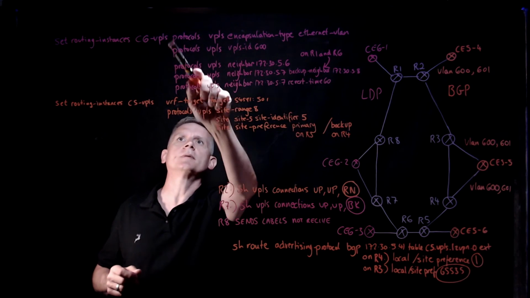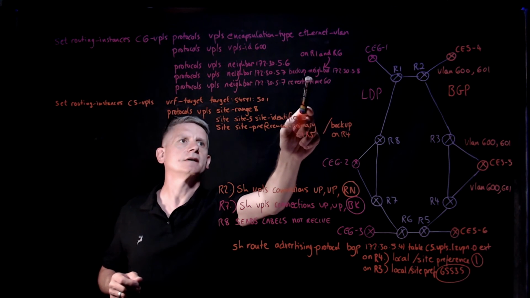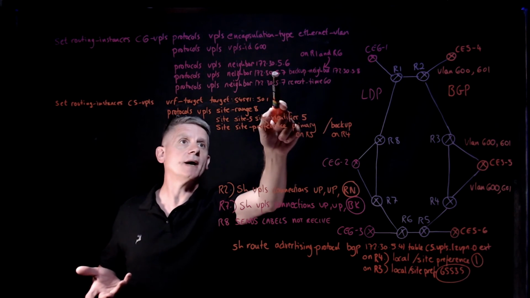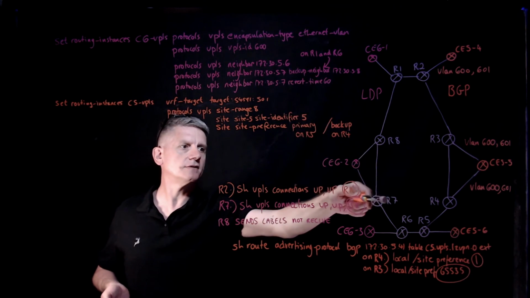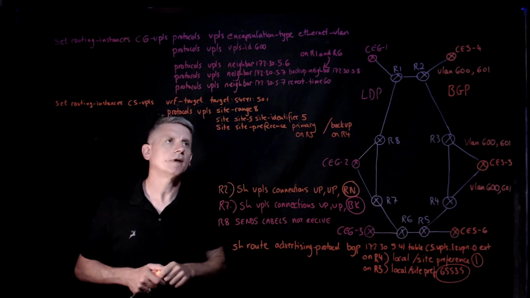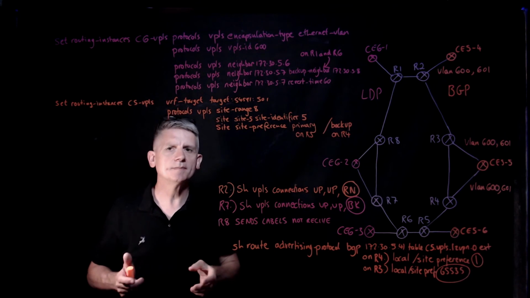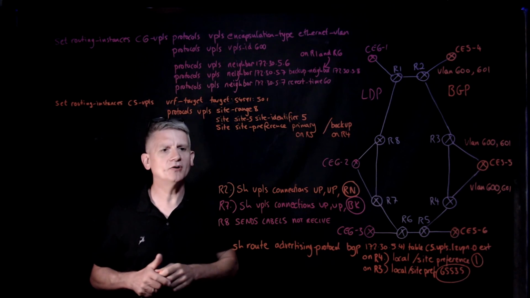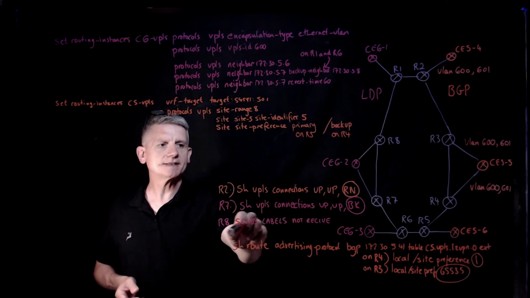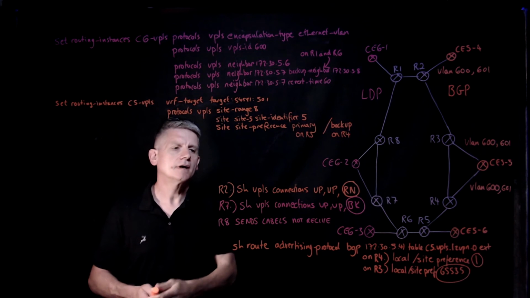If we look at the commands here that would be configured, say on router 1 and router 6, we put in the main neighbor, which in this case is 7, then we put in the backup neighbor, 8. We do the same thing on router 1. So what impact does this have? Well, router 8 is going to be sending labels because his neighbours are good.